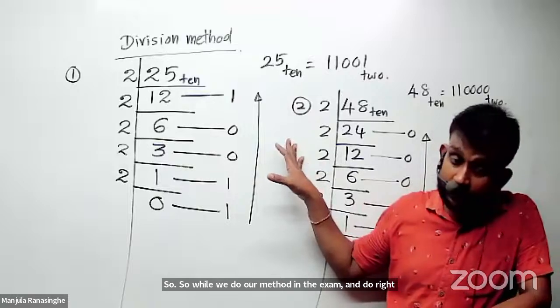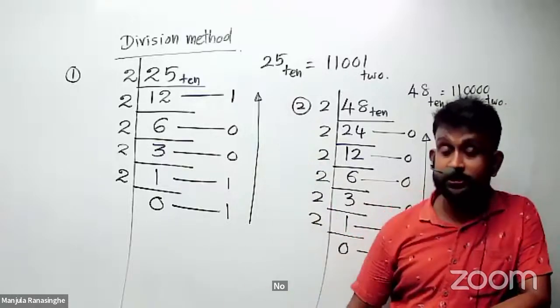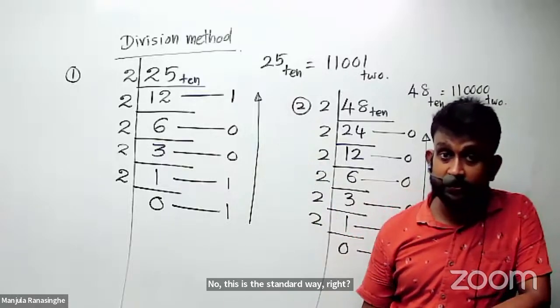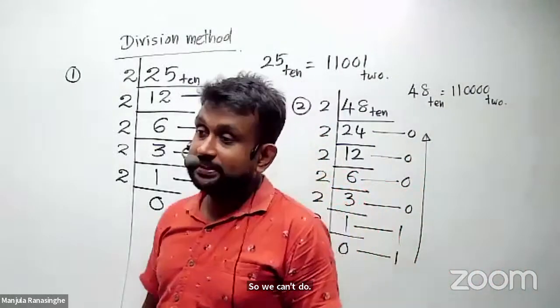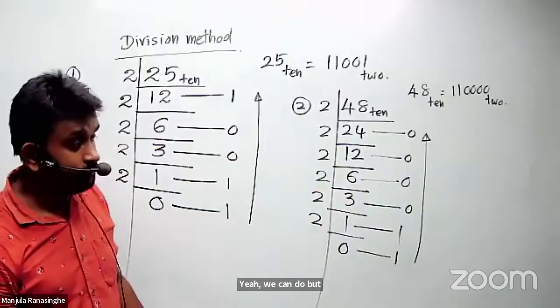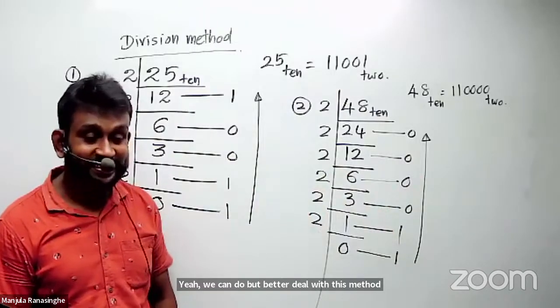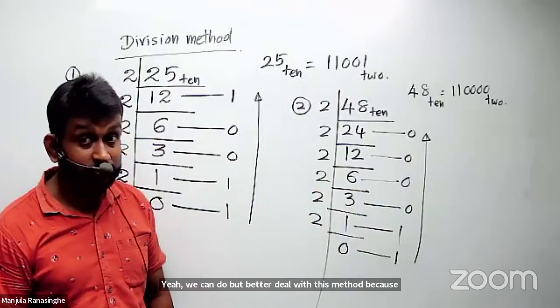Sir, while we do your method in the exam, we have to put the table and do it, right? No, this is the standard way. The division method is the acceptable way, and in the syllabus, this method is there. So we can't do your method. Yeah, we can, but better deal with this method, because sometimes in schools they will not give marks.